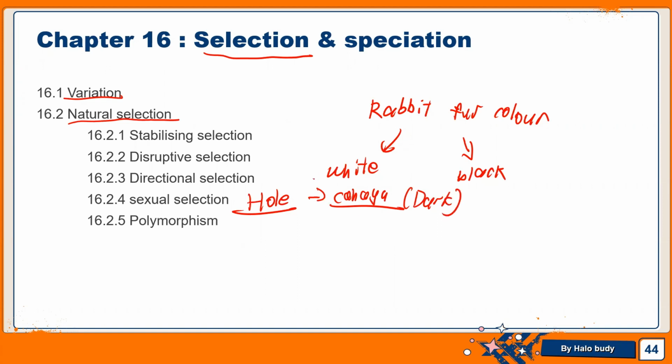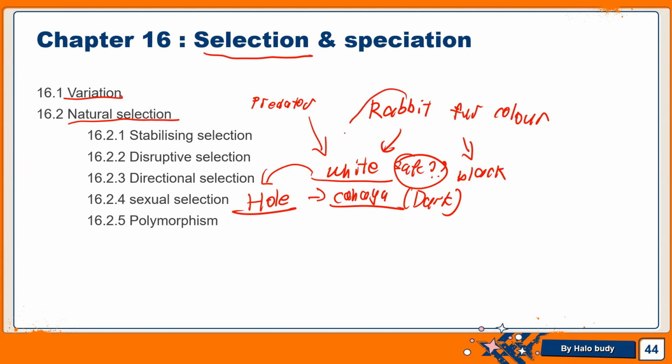So if the white rabbit lives in the hole, is it safe or not? Untuk rabbit putih, dia akan selamat? Tak selamat. Predator akan tengok, wah, sedapnya ada rabbit macam ni, because it is too easy to see it in that environment.